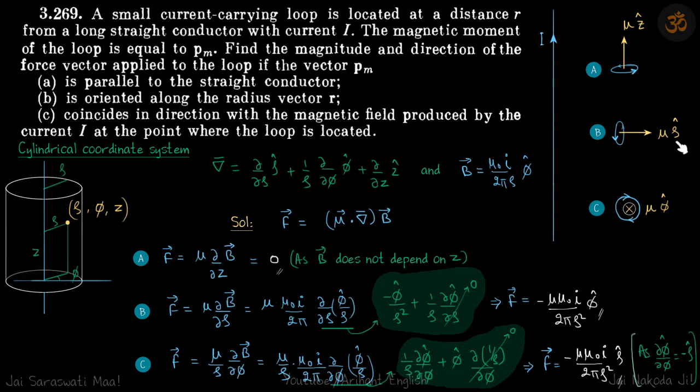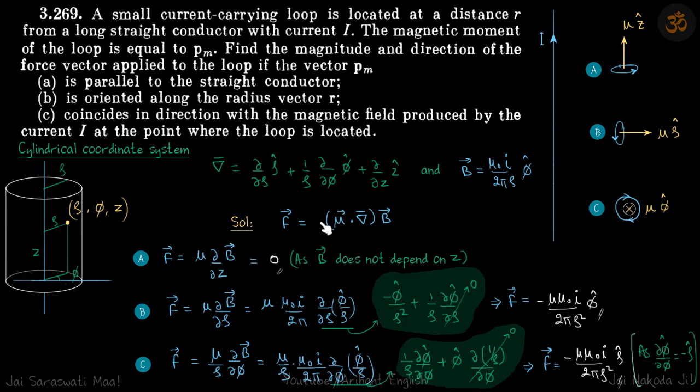In the second case it is mu rho cap, and in the third it is mu phi cap. So these are the values of the magnetic moments. If you do the dot product of that magnetic moment with the del operator, in the first case it is z cap, so only the z cap component will be there. The other two will become 0.